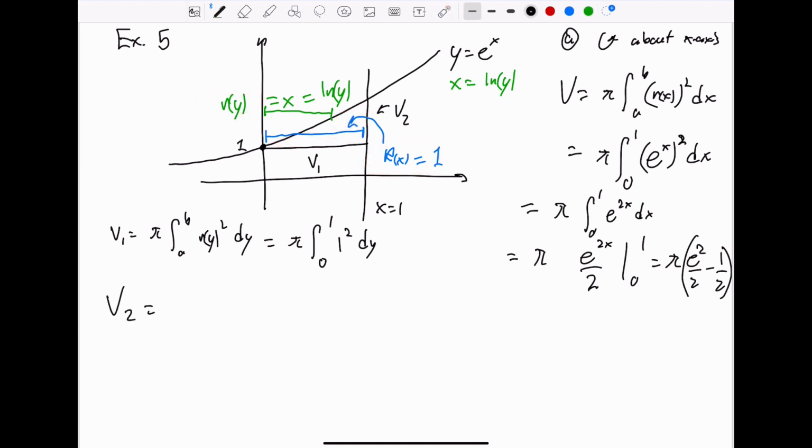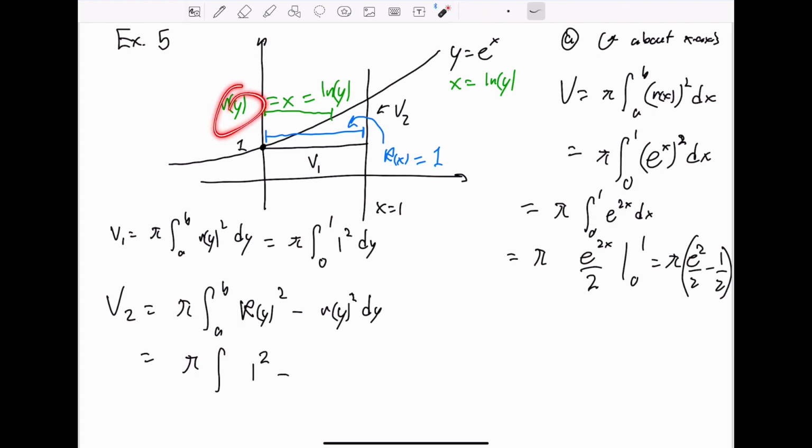So for V2, the formula is pi times the integral from a to b, capital R of y squared minus small r of y squared dy. Capital R of y was just 1, so 1 squared minus small r of y, which is natural log of y. So we subtract natural log of y squared dy. What about the limits of integration? What do I use for a and b?